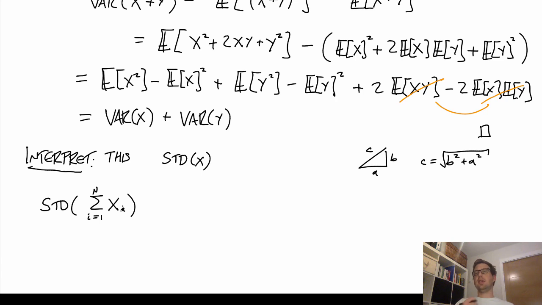I want to understand, if I do an experiment many times, how far away from the mean should the results of that experiment be? The standard deviation is really just the square root of the variance of all of those individual experiments.